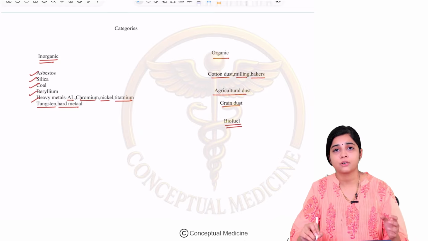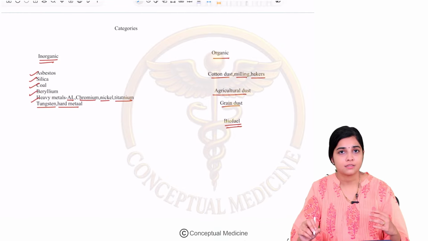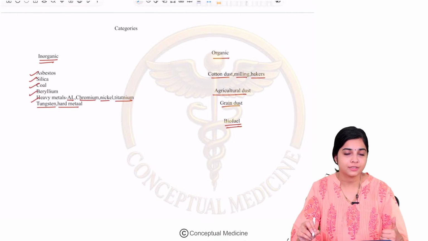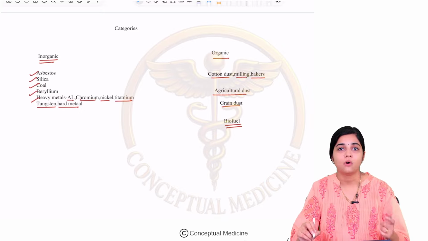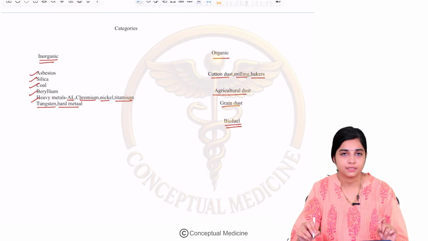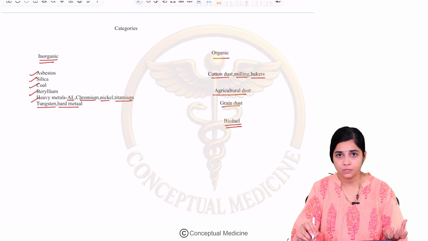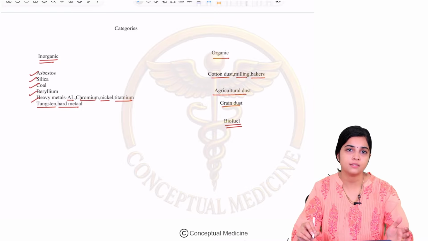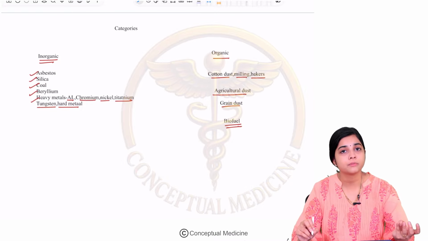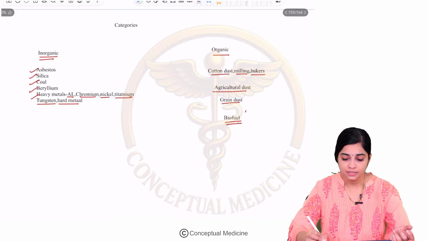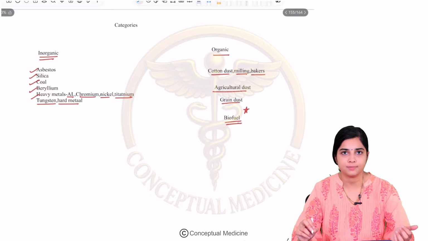Whenever you see chronic obstructive pulmonary disease, COPD, in a female patient, especially elderly females, always ask about biofuel exposure, because chronic biofuel exposure, cow dung which they burn or similar biomass exposure, also results in COPD. So COPD in non-smokers, COPD in females, never forget your biofuel exposure.